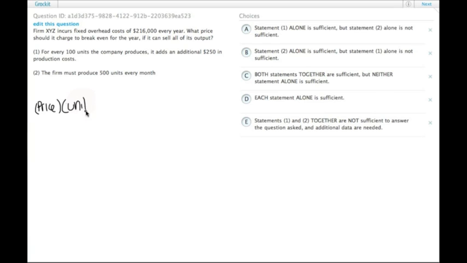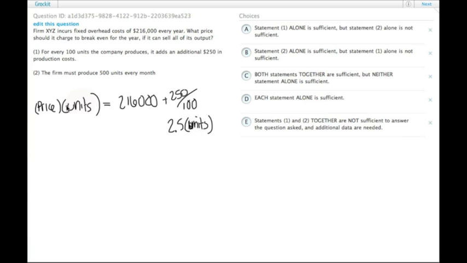Price times units is going to need to equal 216,000 for the fixed costs, plus $250 per 100 units, which ends up being 2.5 times the number of units after we reduce the fraction. So price times units equals 216,000 plus 2.5 times the units.